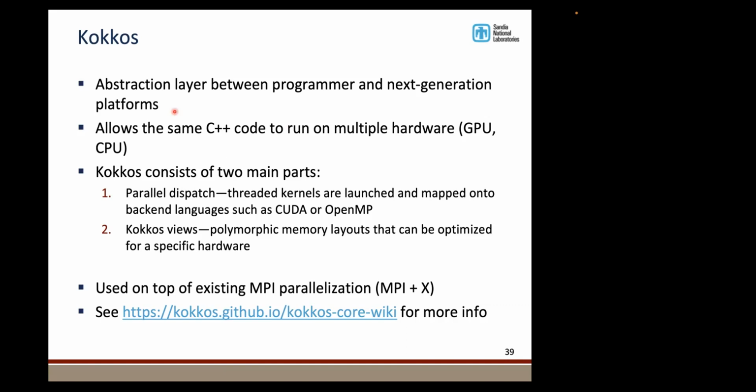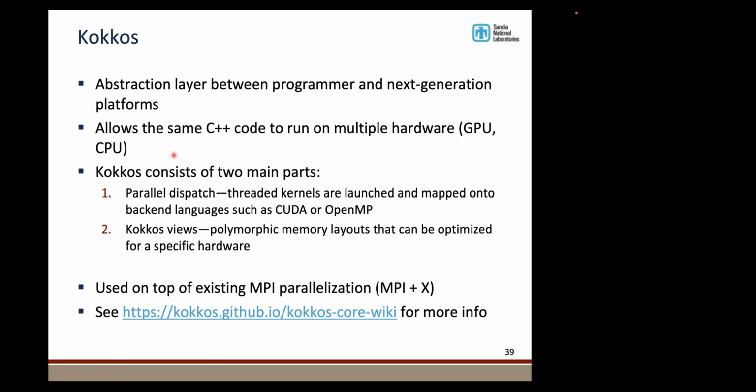The goal of Kokkos is basically write your code once, and then it will run on an NVIDIA GPU, an AMD GPU, an Intel GPU, or a CPU with multi-threading using different backends. It could be a CUDA backend, a HIP backend, a SYCL backend, an OpenMP backend, etc.